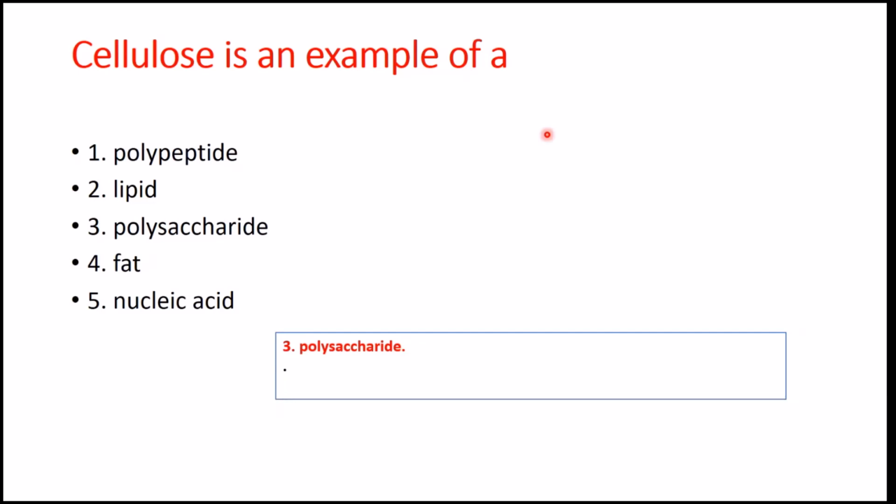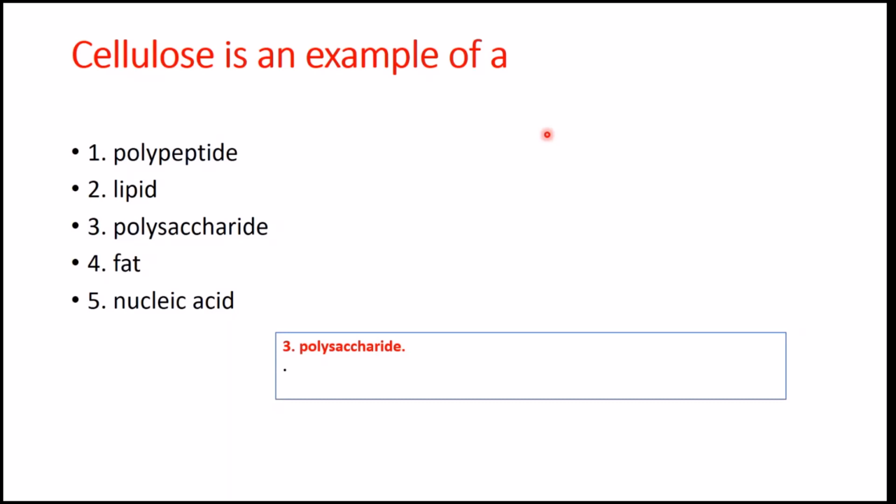Cellulose is specifically a complex carbohydrate that forms the cell wall of plants and is a major component of their structure. And it is not a polypeptide, which contains chains of amino acids, making it a protein. Lipids are fats and oil. Nucleic acids are DNA or RNA. It is not a simple fat. So it's a polysaccharide.